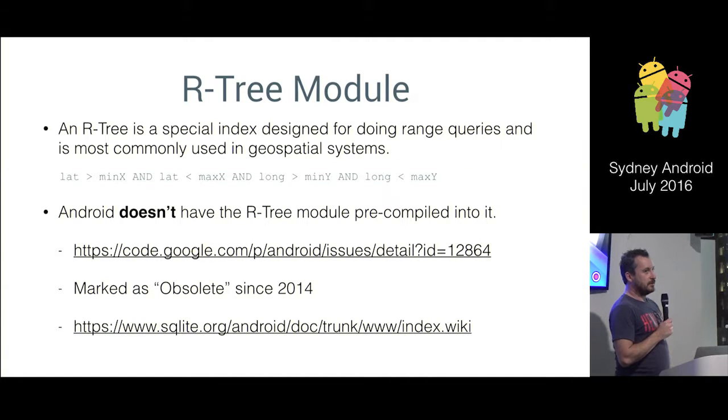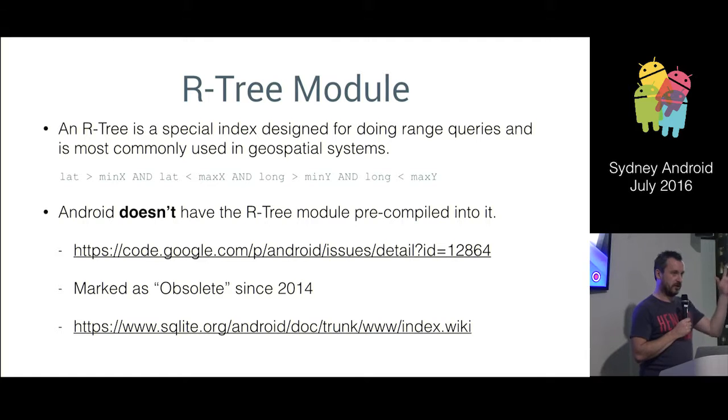Whilst trying to make my database quick for my app that I was working on, which was all to do with finding latitude and longitudes for pins in the database, I came across this concept called R-Tree. And R-Tree is a spatial index designed for doing range queries. So it's really tailored for latitude, longitude, geospatial kind of queries on your database.